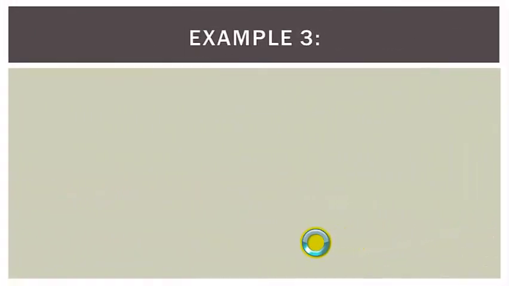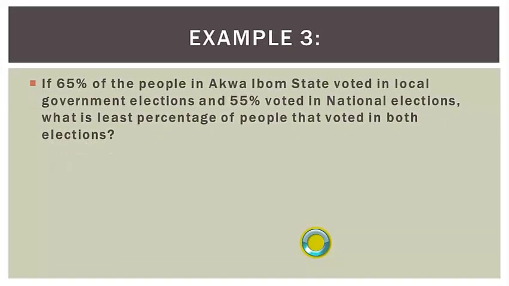Example 3. If 65% of the people in Akwa Ibom State voted in local government elections and 55% voted in national elections, what is the least percentage of people that voted in both elections?